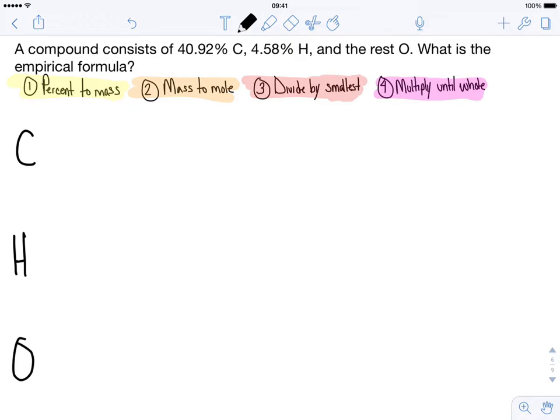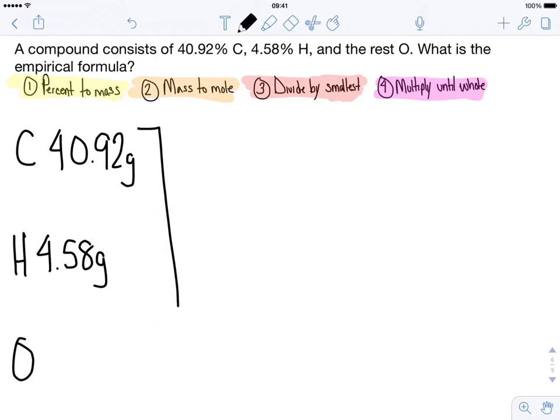So step 1, let's change our percentages to masses. So carbon, we have 40.92 grams. Hydrogen, we have 4.58 grams. And oxygen, well, we're not given a percentage for oxygen, so we have to figure it out.